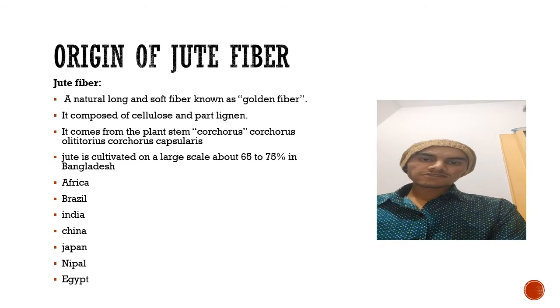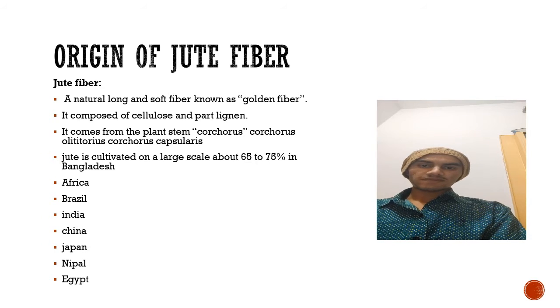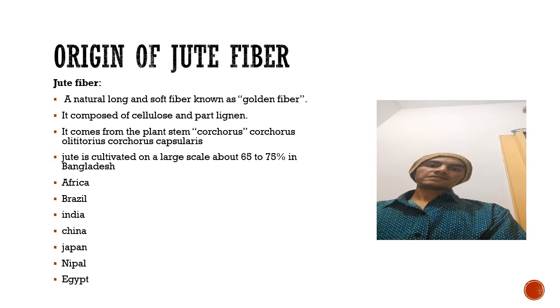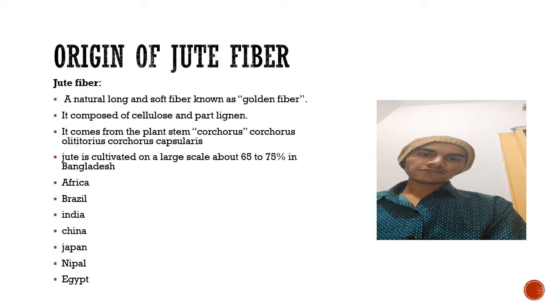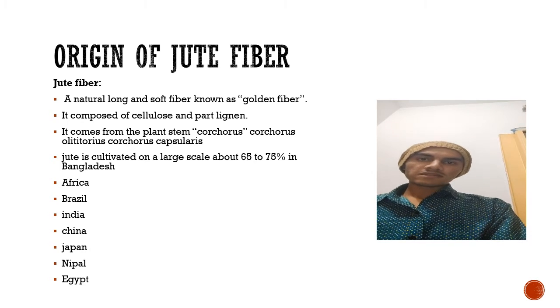So now we discuss the origin of jute fiber. Jute fiber is a natural fiber. It's a soft and long fiber. It's also known as the golden fiber because of its color and its price. It's composed of cellulose, and it's also called a cellulosic fiber because it comes from plant sources.